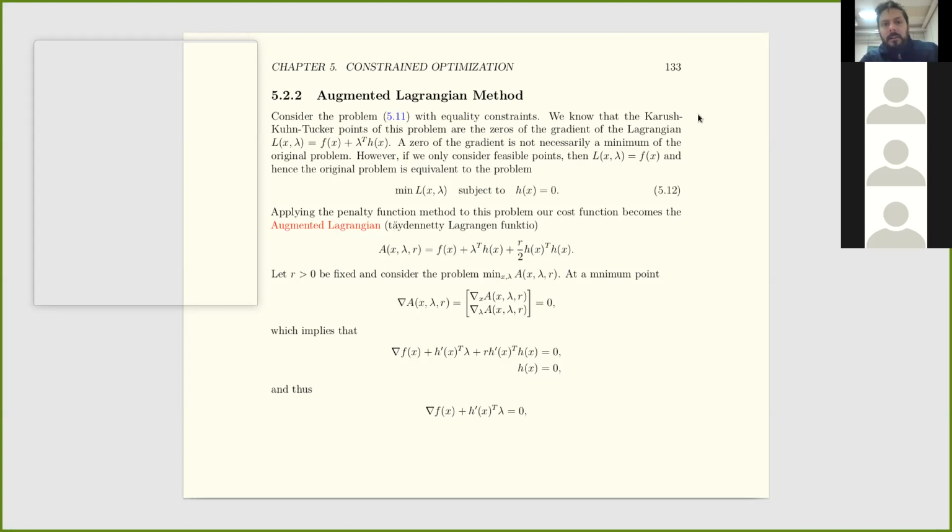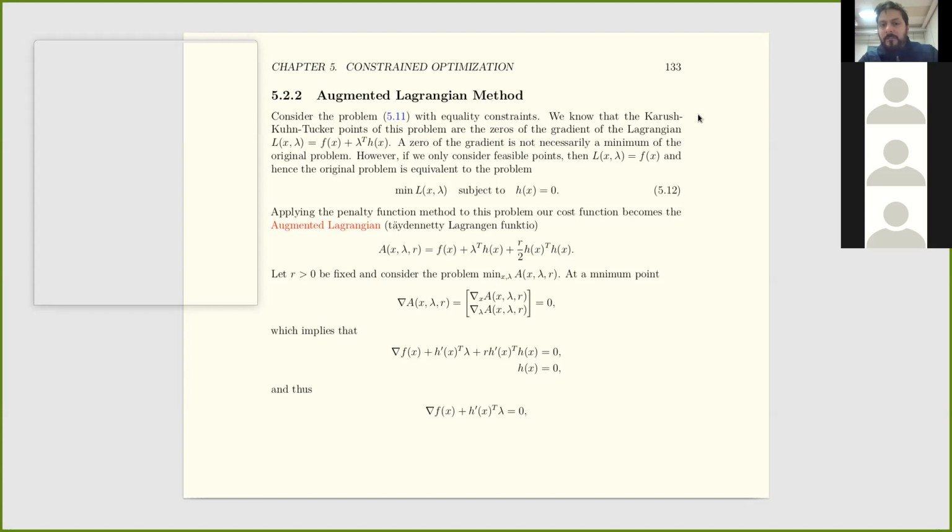So let's say that we only consider feasible points. If you find the zero of the gradient, there is a slight chance that it is not necessarily feasible. Then in the situation where the points are feasible, of this L(x, lambda), those are points where h(x) is 0.